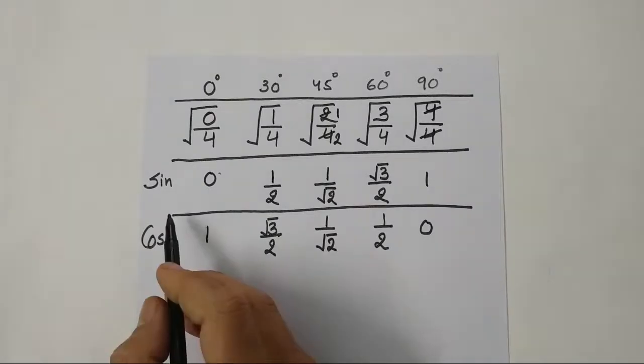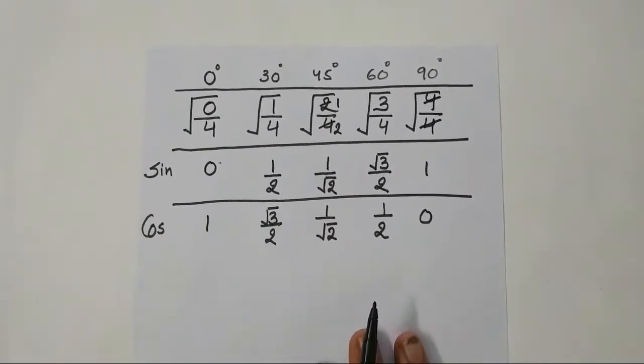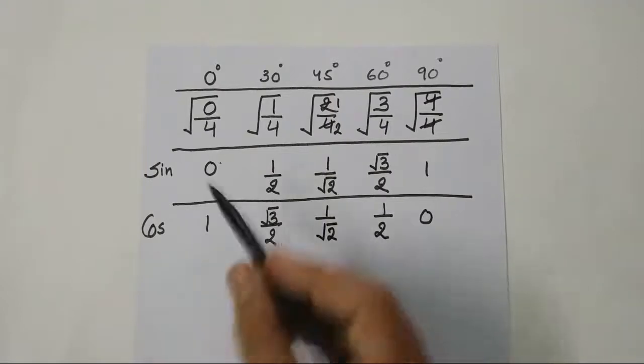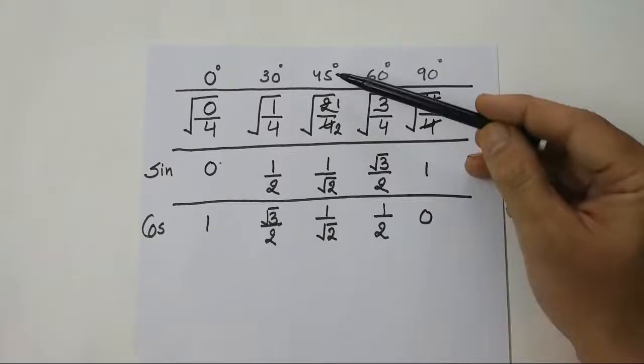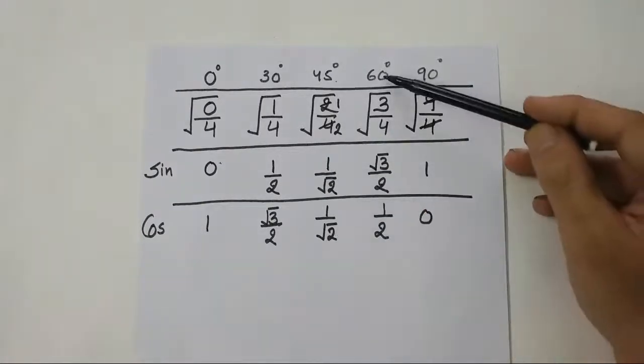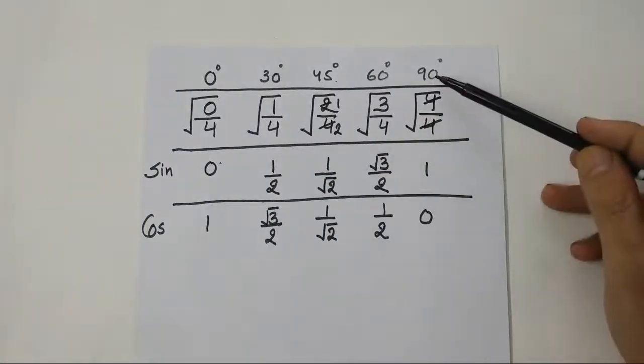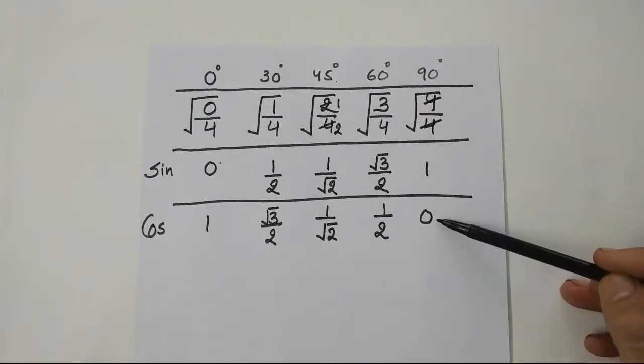So we have got the second answer, which is cos of the degrees. So cos 0 is 1, cos 30 is root 3 by 2, cos 45 is 1 by root 2, cos 60 is half, and cos 90 is 0.